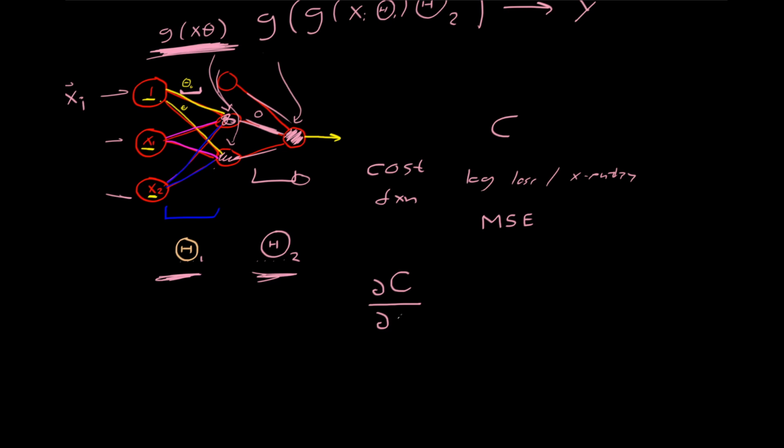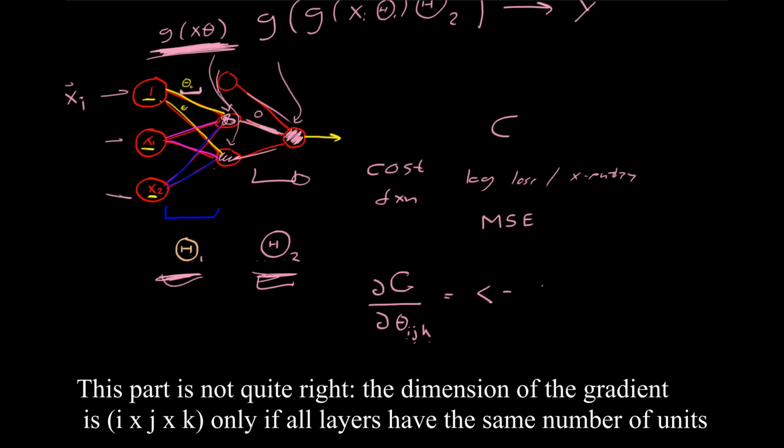So what would it be? It'd be theta_ijk for the ith row, jth column of the kth layer of the matrix. So if we could do that, that equals some vector in i times j times k dimensions, some big vector, and then we get this somehow, and then we can just do gradient descent.